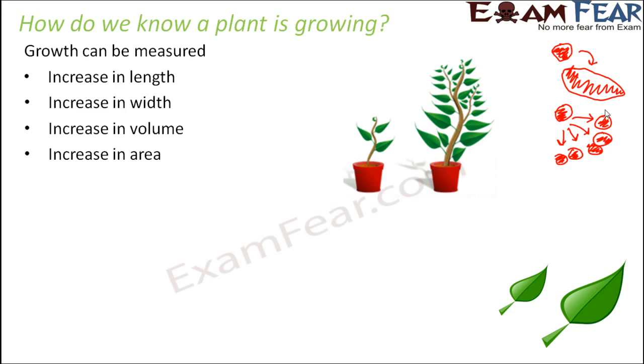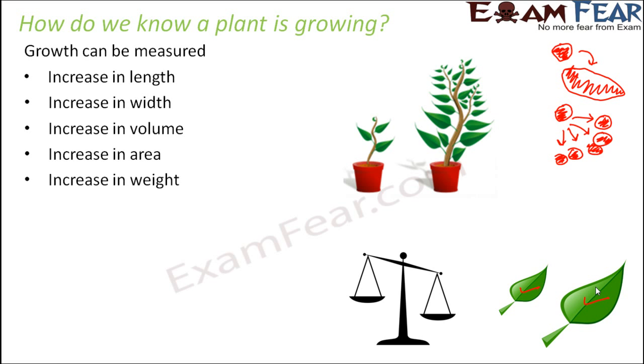Increase in area, for example, if you take an example of a leaf. The growth of a leaf can be very easily judged by looking at the area of the leaf. So on the picture also you can see that this has got a smaller area while this has a bigger area. So you can say that, okay, it is growing. Increase in weight. When you talk about weight, almost all plants contain a lot of water.